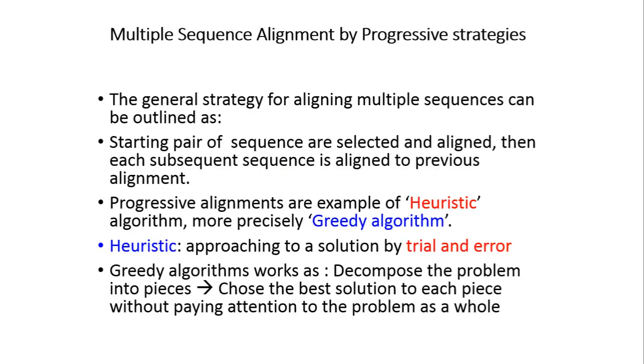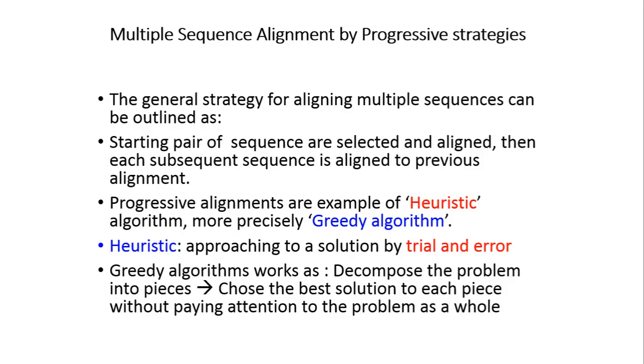Whatever multiple sequence alignment algorithms you might have learned so far can be categorized into one group called the progressive strategy. For example, ClustalW and MUSCLE work by progressive strategies.